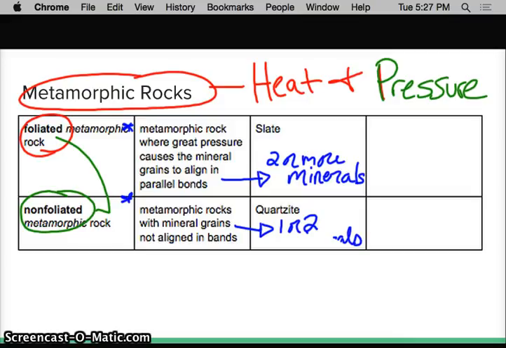Just like we talked about below, foliated means that it is formed in lines, whereas non-foliated doesn't quite have as much pressure. That means that the rock texture is all going to be kind of jumbled up. So that is the difference between the two. Slate is our example for a foliated metamorphic rock, and quartzite is our example for a non-foliated metamorphic rock.